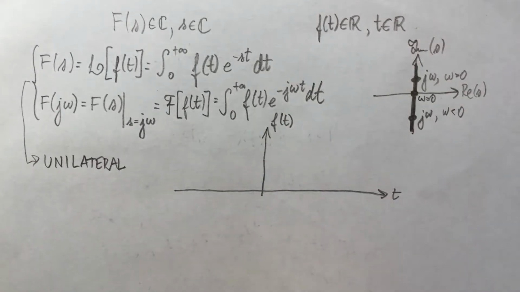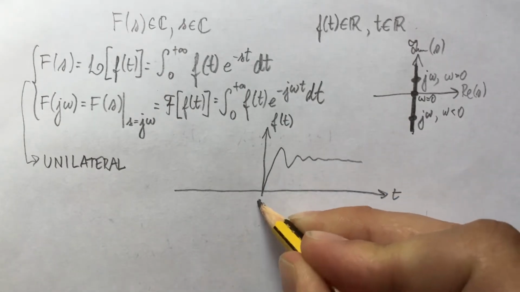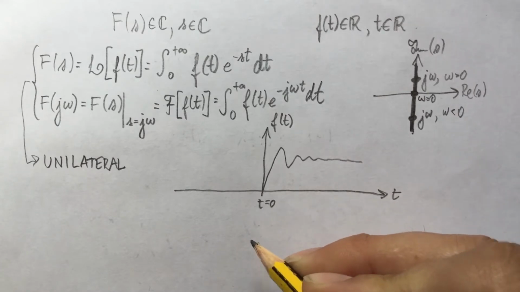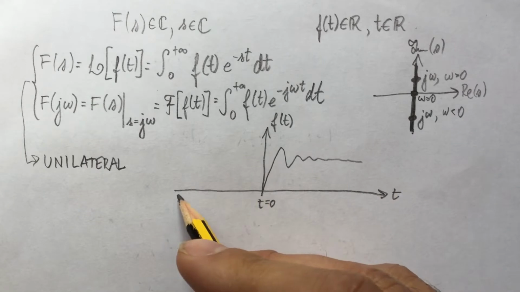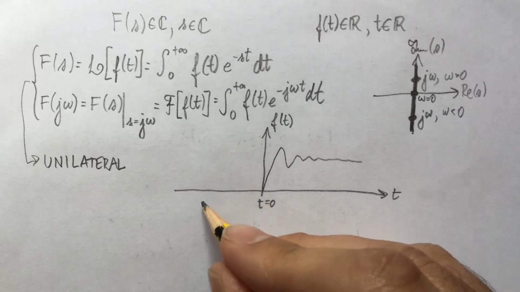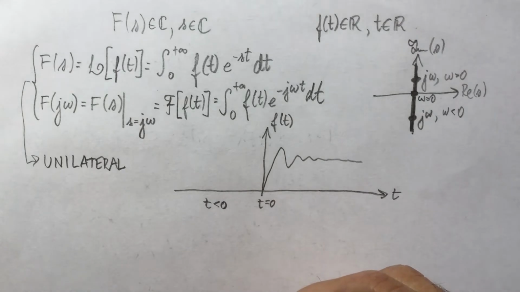Until now, we have always applied the Laplace and Fourier transforms to signals in time that begin at t equal to 0. Our function in time need not even exist for values of t which are negative.